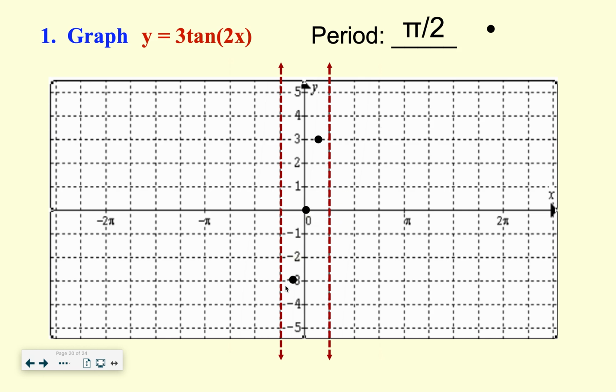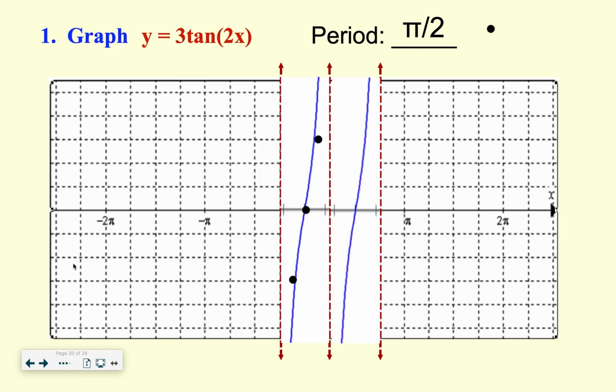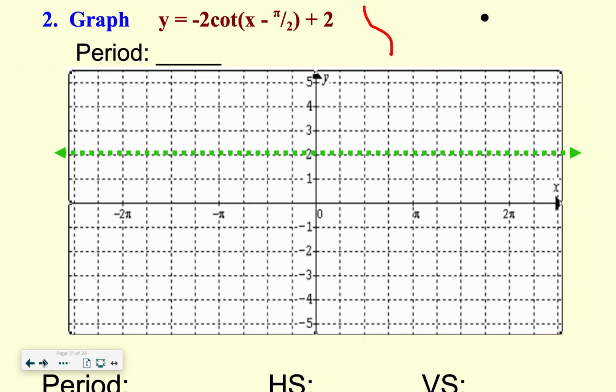Now, if this was reflected tangent, these up and down 3s would just flip-flop. And that would make my tangent wave. That's one cycle, right? If I want to toss in another cycle, here's another asymptote, pi halves of a distance, my period, and I toss in another cycle.